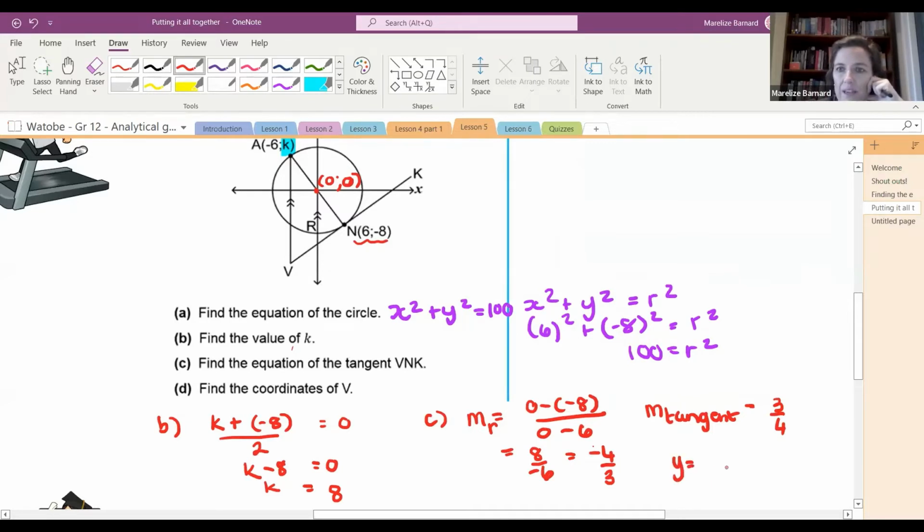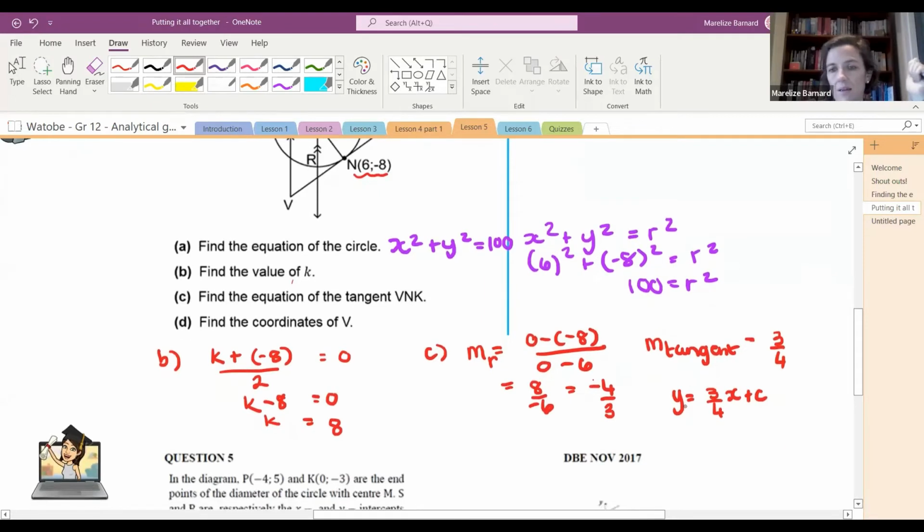Now we do y equals mx plus c. 3 over 4x plus c. And then we sub in our point, 6 and minus 8. So y is minus 8, and that's 3 over 4, and x is 6, plus c.